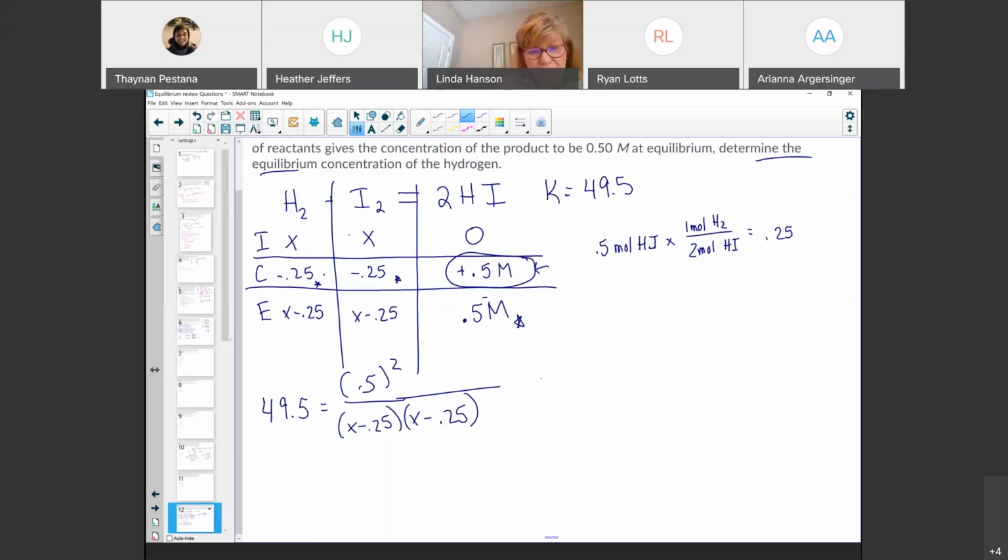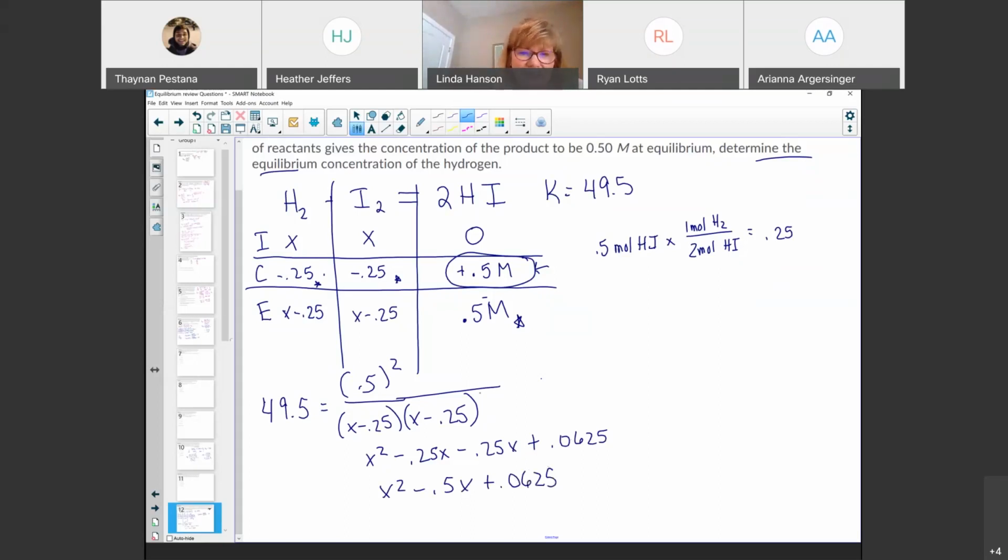So let's FOIL. We have x squared minus 0.25x minus 0.25x, and then it becomes plus 0.25 times 0.25. So when I take minus 0.25 minus 0.25, you can see how that's just x squared minus 0.5x plus 0.0625.